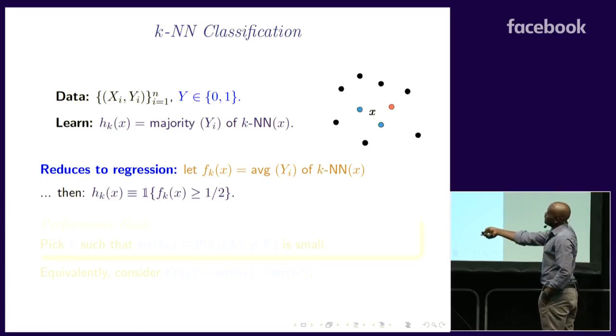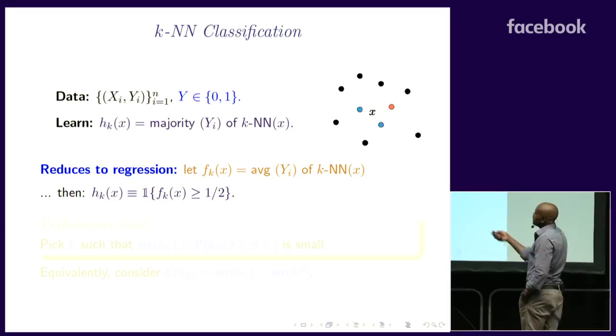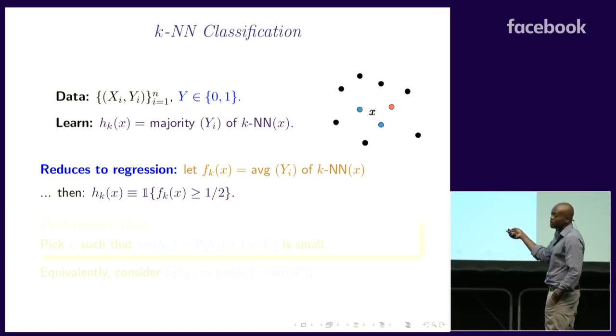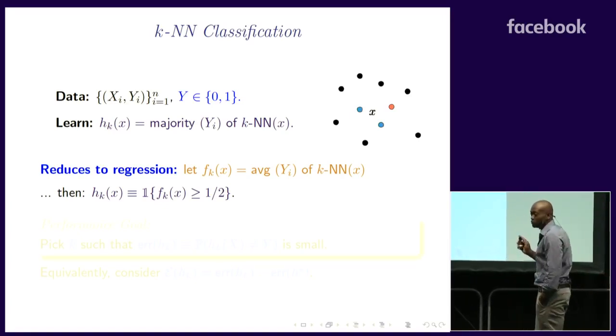And 2/3 is greater than 1/2. And you can see quickly that the majority is really equivalent to just taking the average and asking whether the average is greater than 1/2. So in that sense, you can do nearest neighbor classification by first computing a regressor and then thresholding the regressor. So that's the simple reduction.